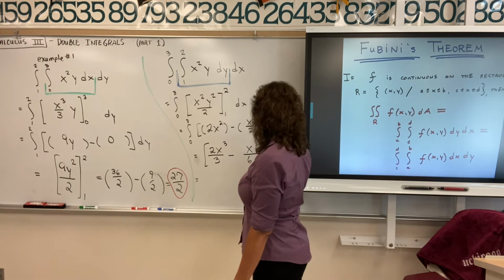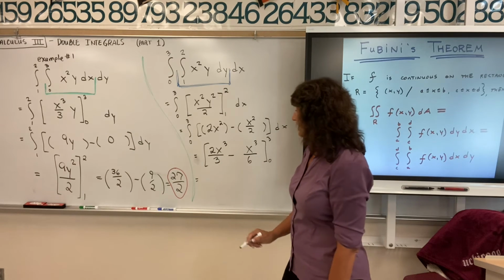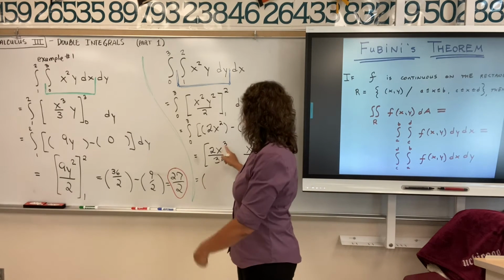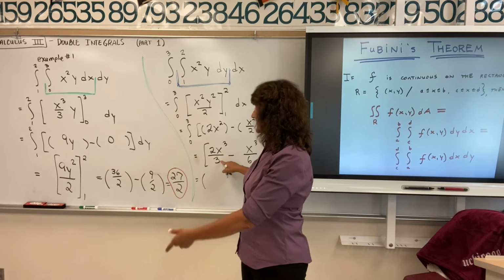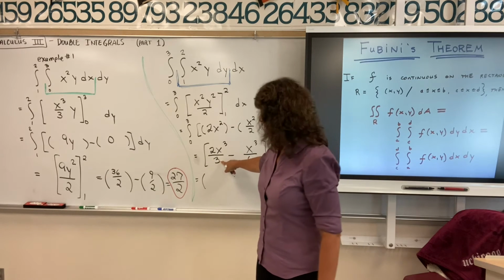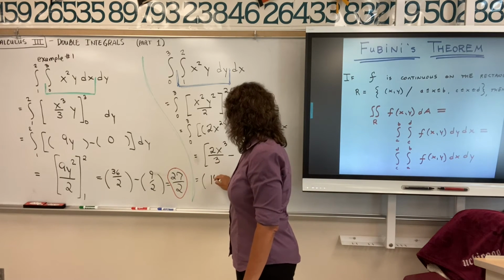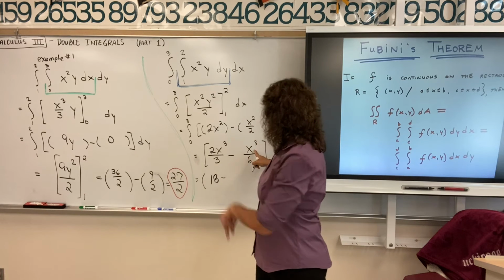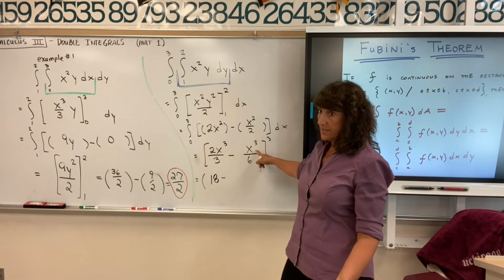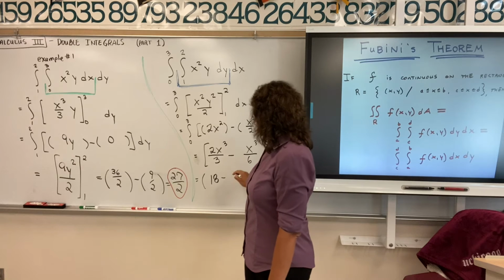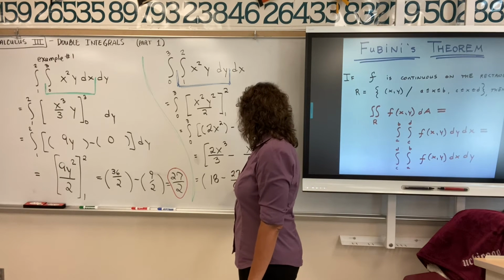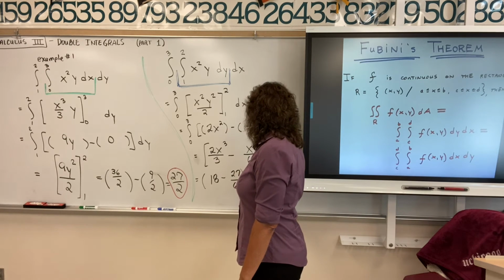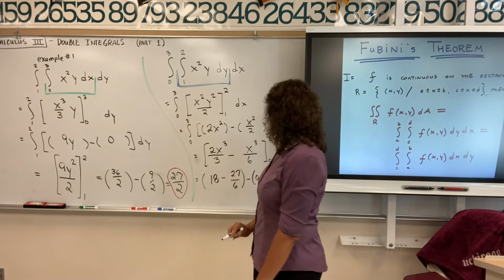So plug in the upper bound, so 3 cubed, 27 divided by 3 is 9, times 2 is 18, all right? Minus, plug in 3 here, so 3 cubed, 27 over 6, all right? Plug in the lower bound, and you're going to have 0 minus 0, all right?